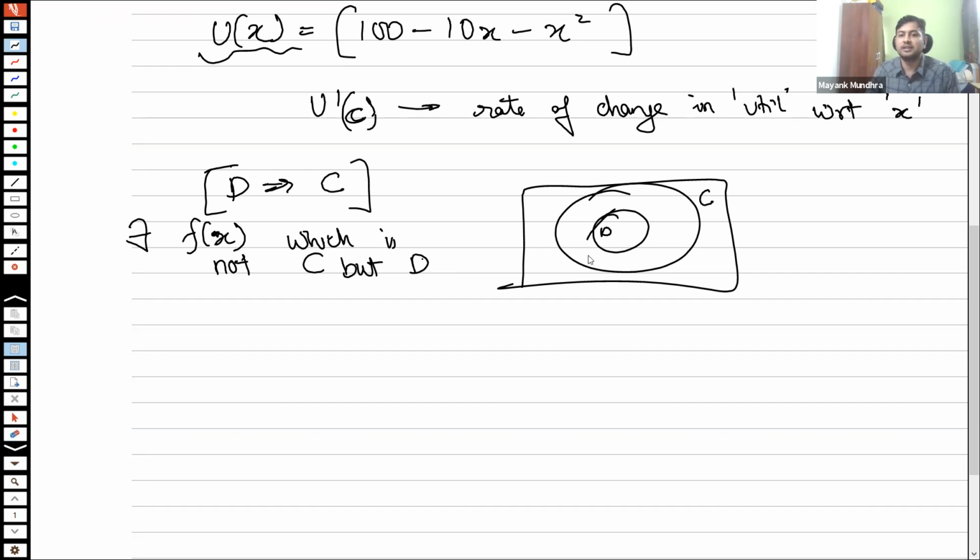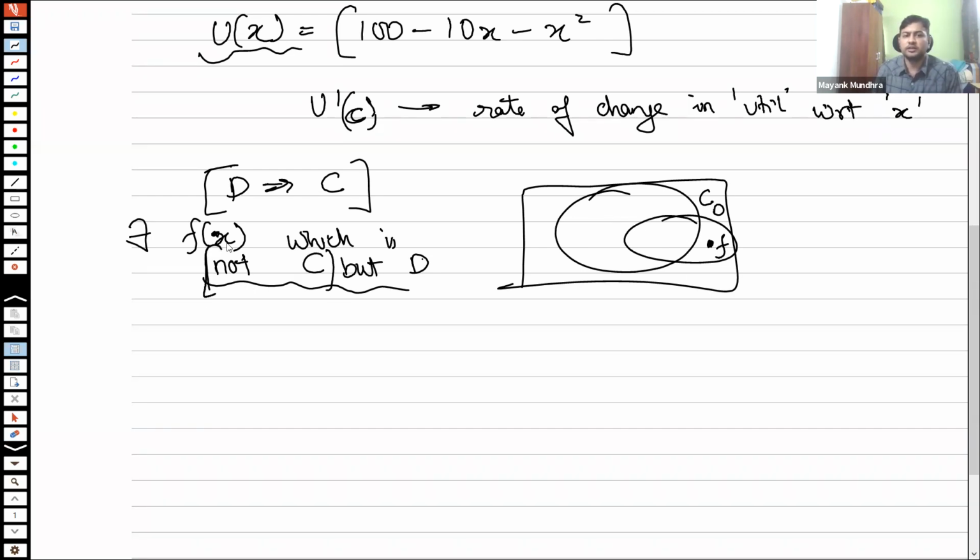So there is some function which lies inside D, but not inside C. The graph clearly says that all functions which are differentiable must be continuous. I assume there's a function inside D but not inside C, so maybe the set D looks something like this, and you take a function F here. So it is not continuous.